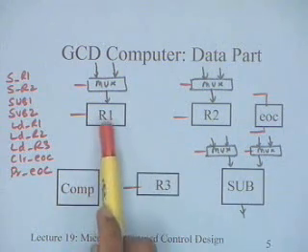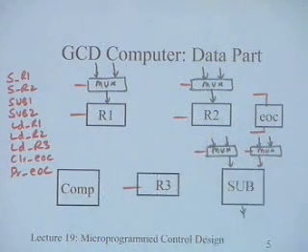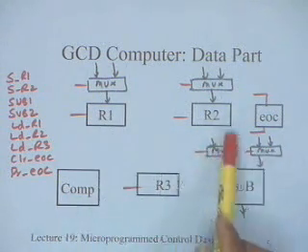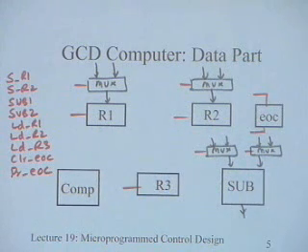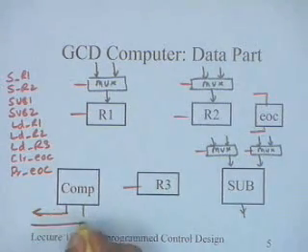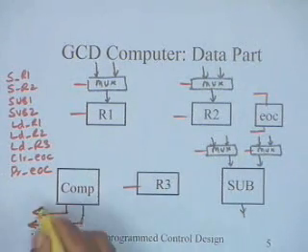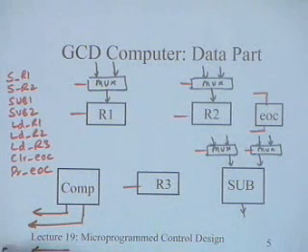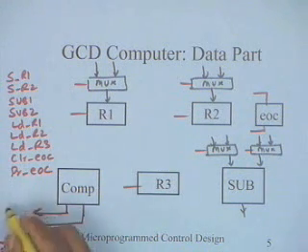So R1 output will go to one input of the multiplexer, and to this input of the multiplexer R2 will also go. And as far as the status is concerned, we have 3 status signals. One is start bar, which is coming from external to this, so that's also going as a status.